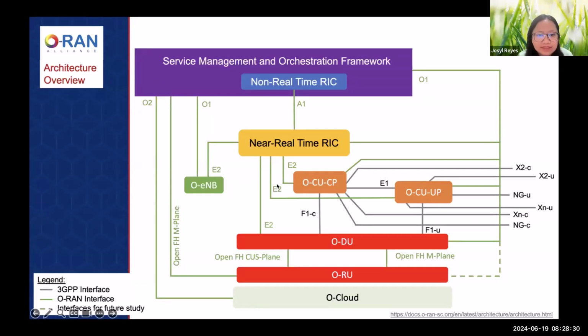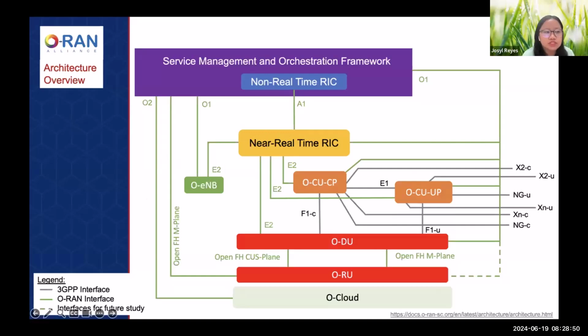Okay, what else? We also see that the non-real-time RIC and the near real-time RIC are connected via the A1 interface. It's important to connect them because the non-real-time RIC will gather the data needed for long-term processing.